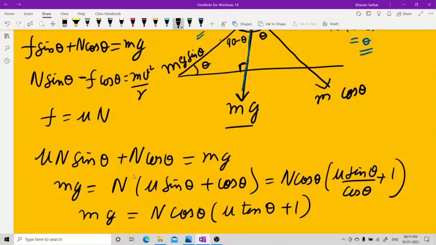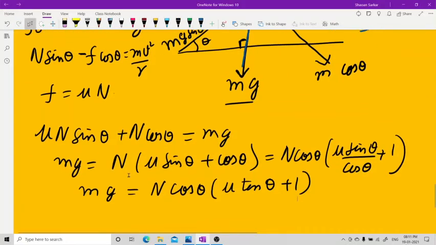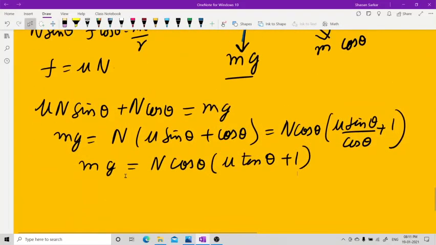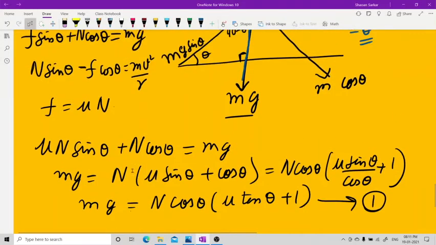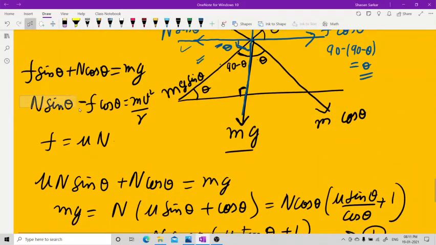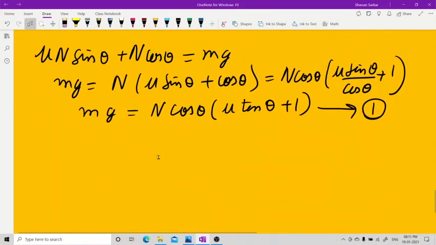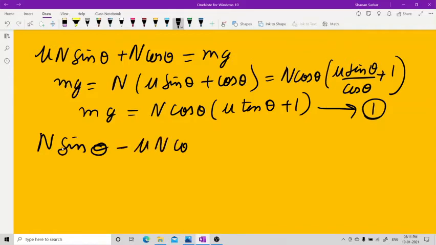Now see what will happen. You have this as equation number one. Now from the above one, again, n sine theta minus f cos theta. So n sine theta minus f, which is mu n, cos theta will give rise to mv square by r.